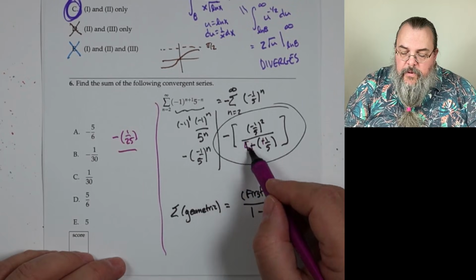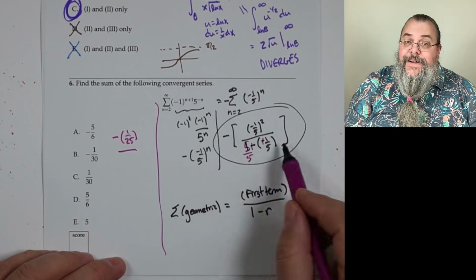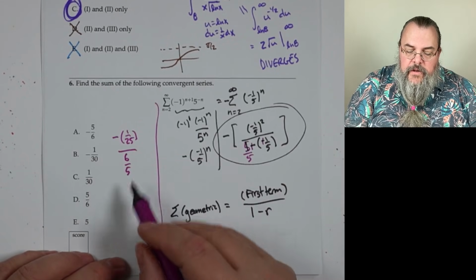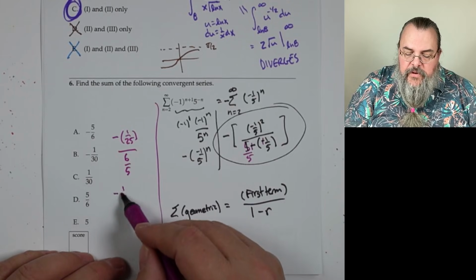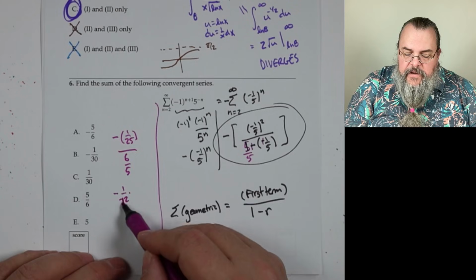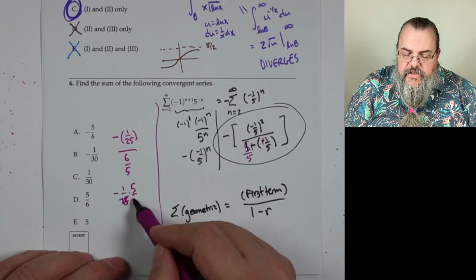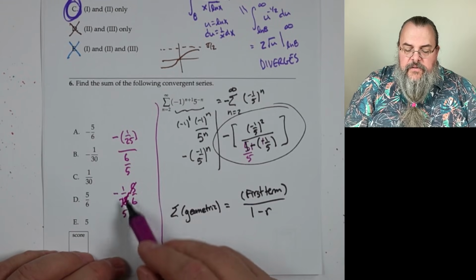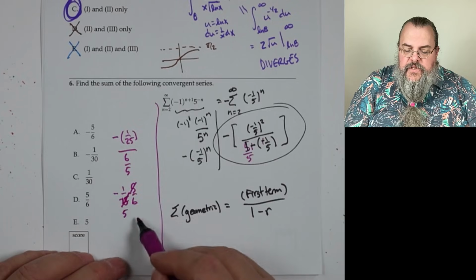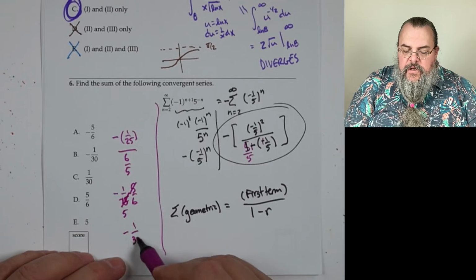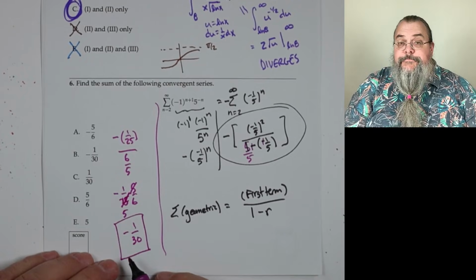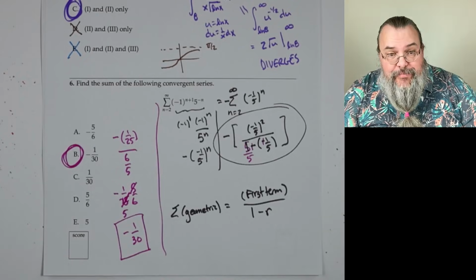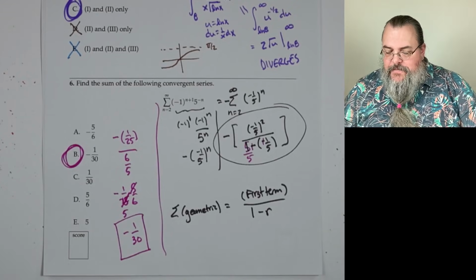Now notice 1 is 5/5. 5/5 plus 1/5 is 6/5. Well, multiply by the reciprocal. Minus 1 over 25 times 5 over 6. You can cancel off one of the 5's. You get negative 1 over 5 times 1 over 6, which gives us negative 1 over 30. Aha! The answer was B, minus 1 over 30.